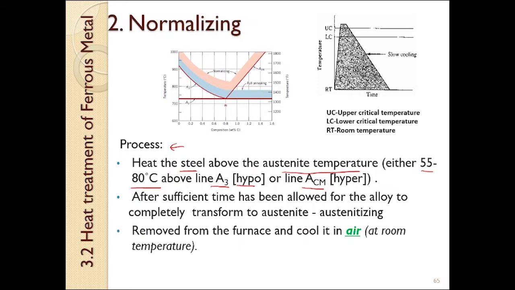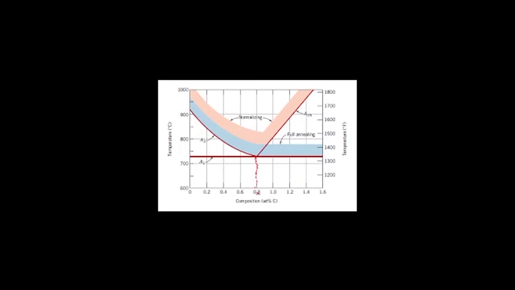You can see this is the eutectoid composition, which is around 0.76 to around 0.8% of carbon content. The hypo part is less than the eutectoid and hyper part is higher than 0.76 to 0.8%.